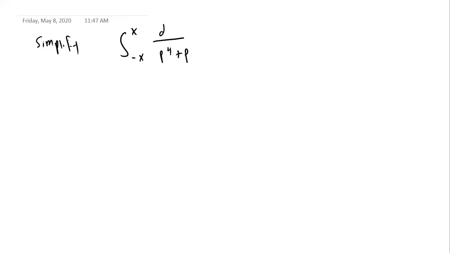So I'm going to write it like this. Suppose that's the problem you're given. So you want to take the derivative with respect to x of this expression here, the integral from negative x to x of dp over p to the fourth plus p.